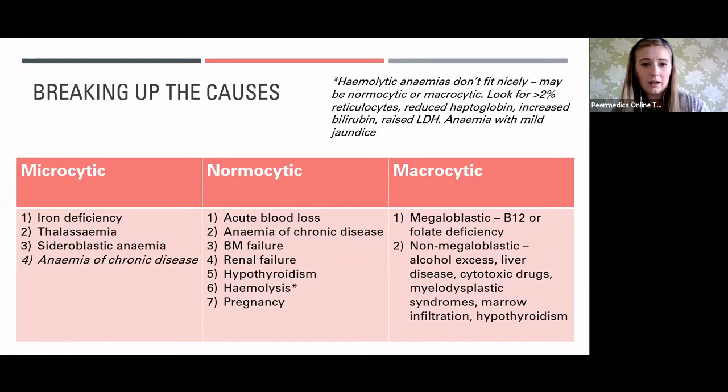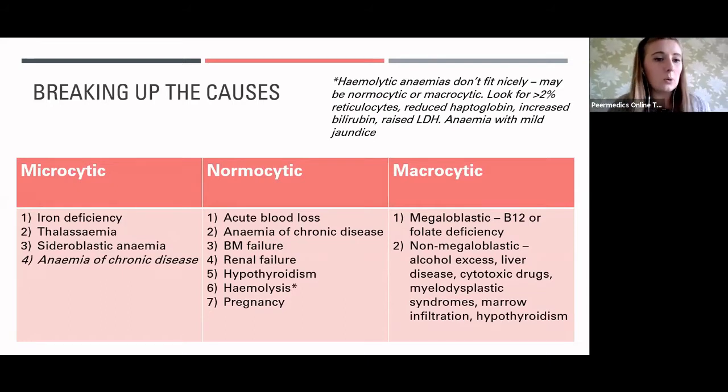So if it's confusing you a little because you're trying to categorize them and you're seeing them in multiple places, put in different boxes, just accept that it could be microcytic or normocytic sometimes, or macrocytic or normocytic sometimes. They're not always all bundled.